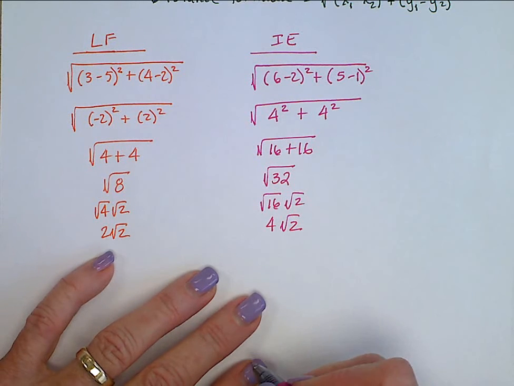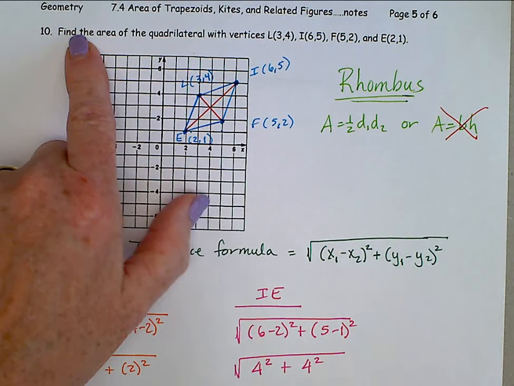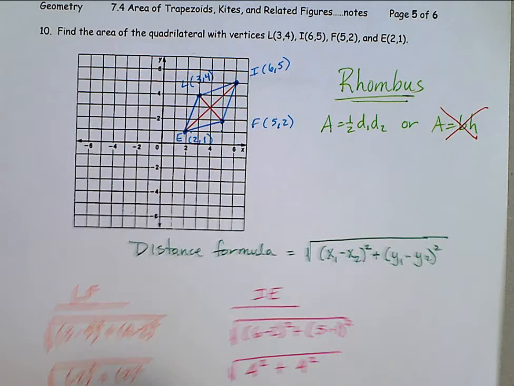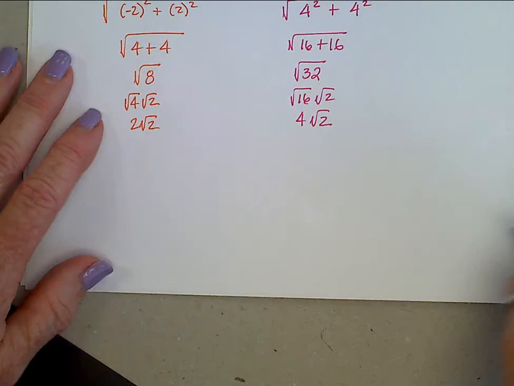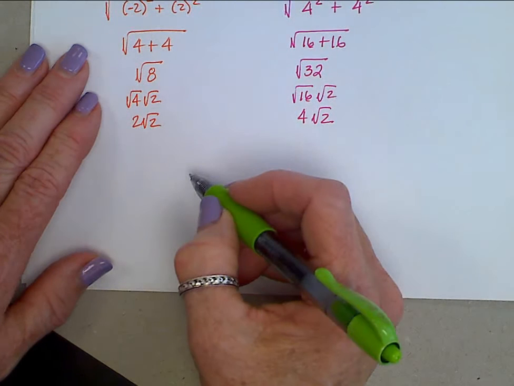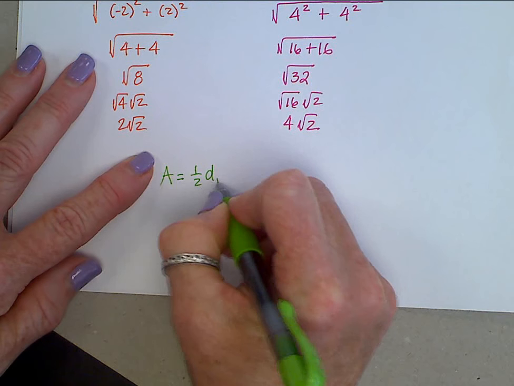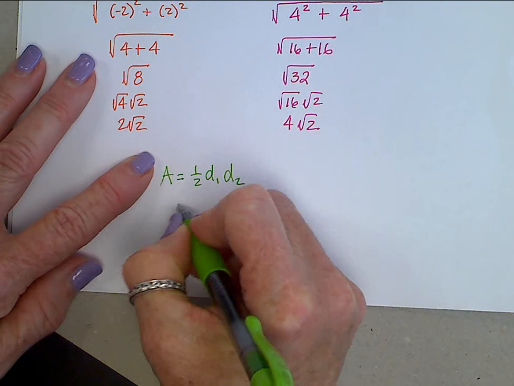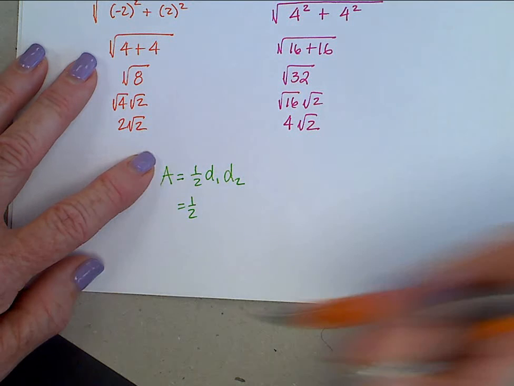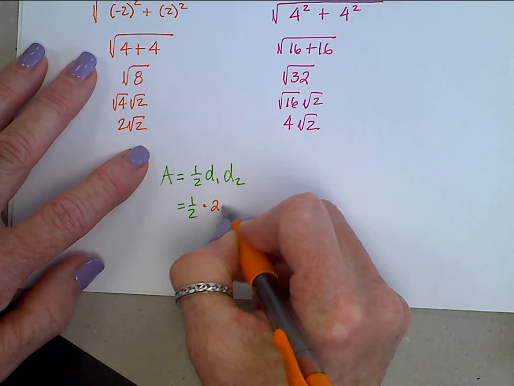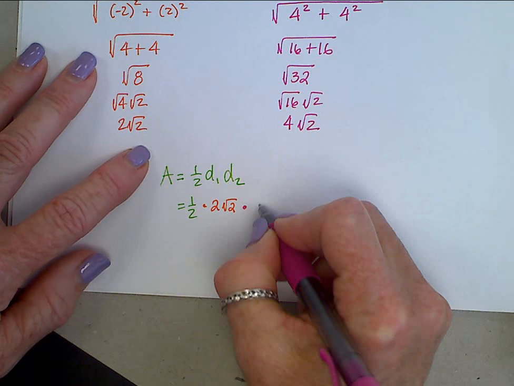And we are not done because we're to find the area of this quadrilateral, and we decided we had to use this formula. So let's come all the way down here to the bottom and answer this question. The area is 1/2 diagonal 1 times diagonal 2. 1/2. One of the diagonals is 2 square root 2, and the other diagonal was 4 square root 2.